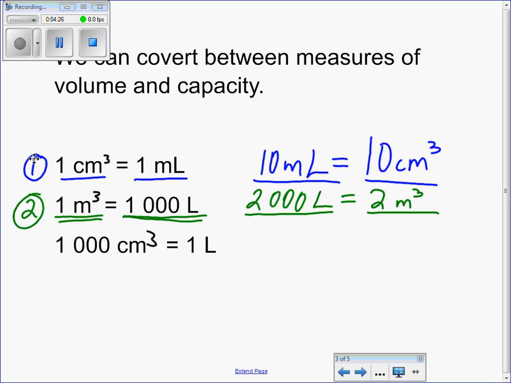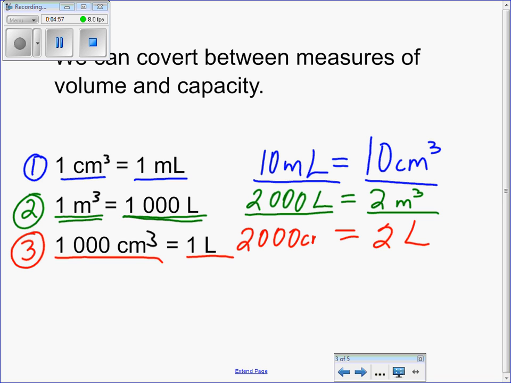And finally, the last conversion you'll need to know is that 1,000 cubic centimeters is the same as 1 liter. And again, say I have a 2-liter bottle of soda pop. I could ask you about the volume that the soda pop occupies, and that would be 2,000 cubic centimeters.